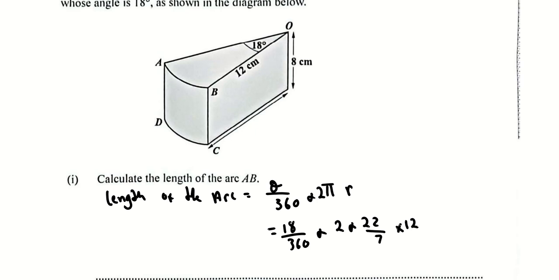Alright, you can put this exact thing in your calculator. 18 over 360 multiplied by 2 multiplied by 22 over 7 multiplied by 12 is equal to, I'll leave this as a fraction, 3 and 27 over 35.